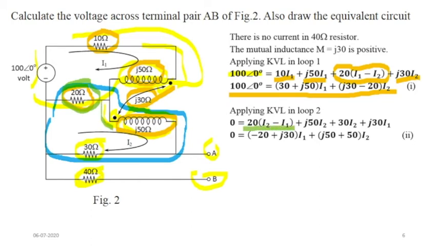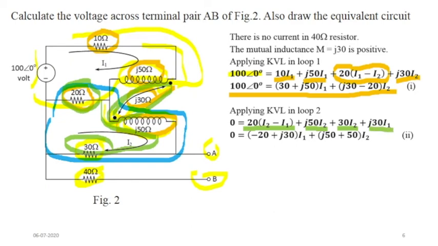Next is J50 ohm, through which the current is I2. Then coming to this 30 ohm resistor, it is I2 here. And then the mutual coupling between the two inductors is J30 into I1. Why I1?